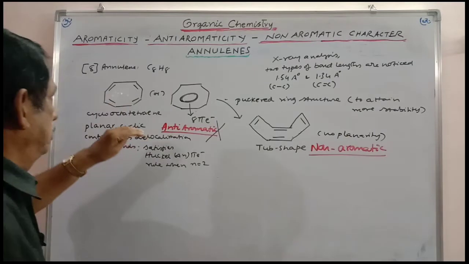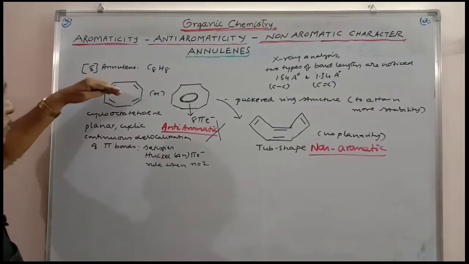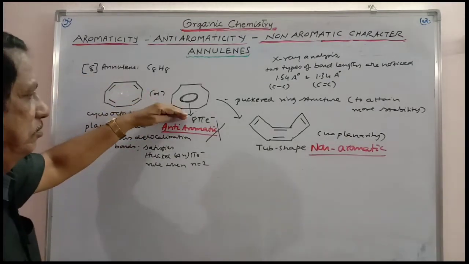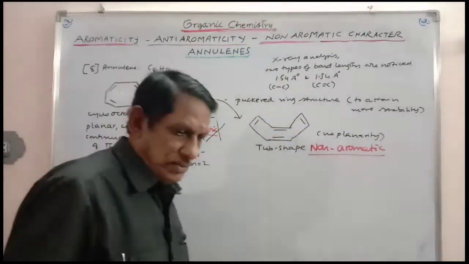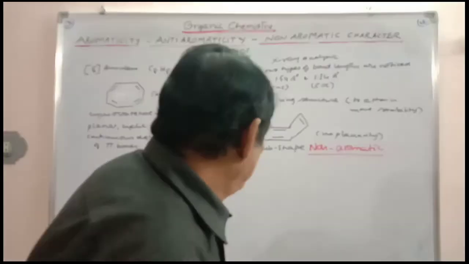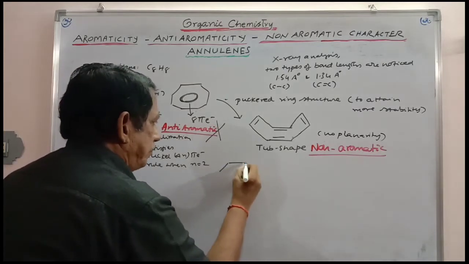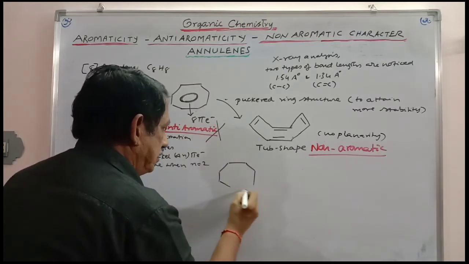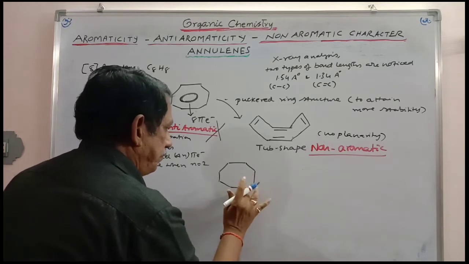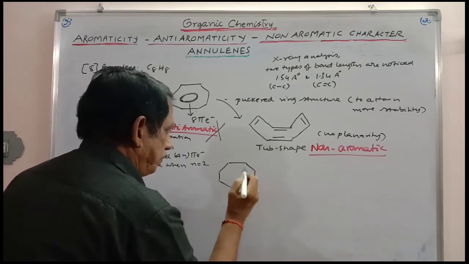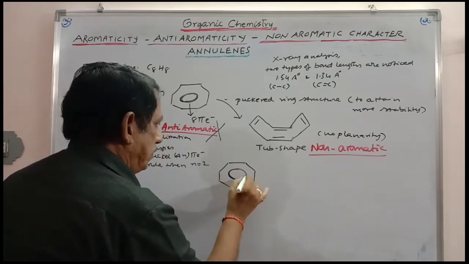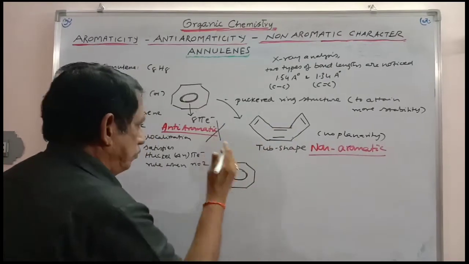So what is about the character of cyclooctatetraene? It is not anti-aromatic, it is non-aromatic. Right? You can take here one more proof like this. At present, I am considering the planar structure just for convenience only. This is having delocalized pi electron cloud, let us suppose.